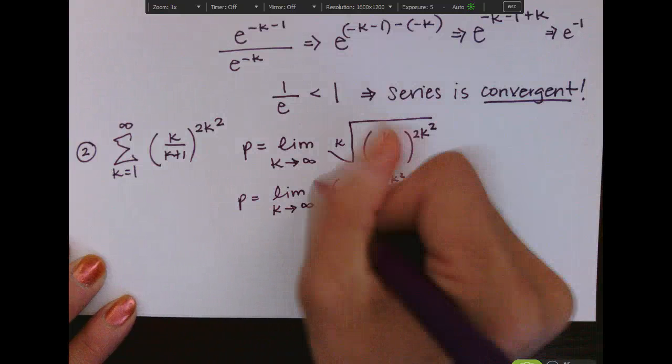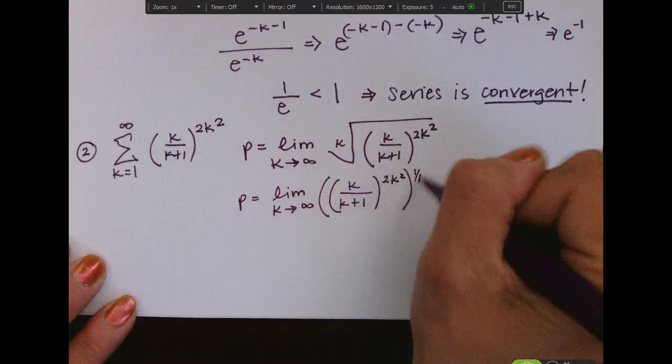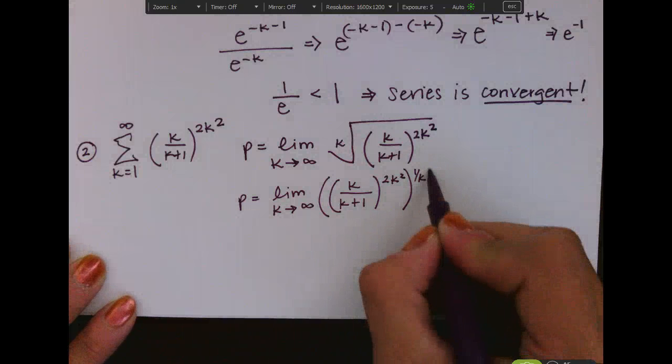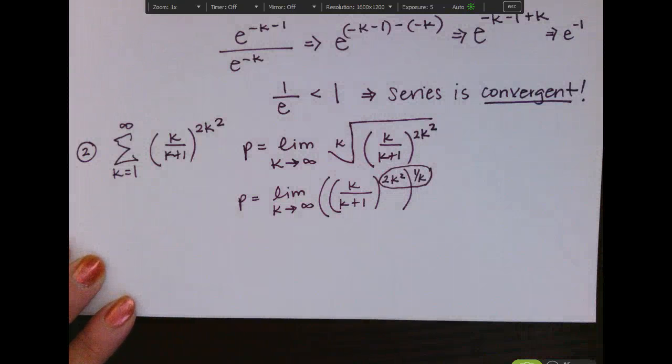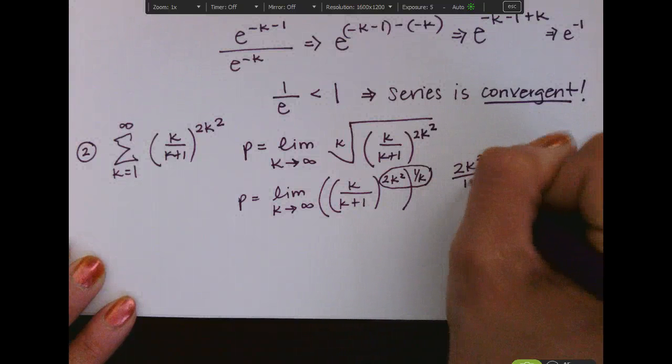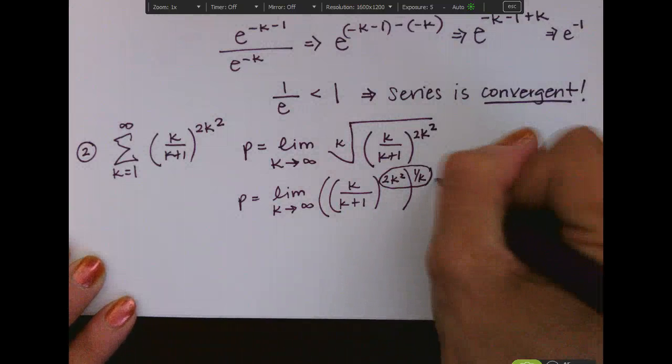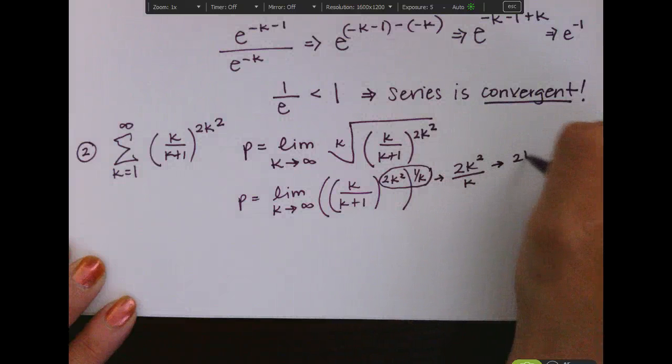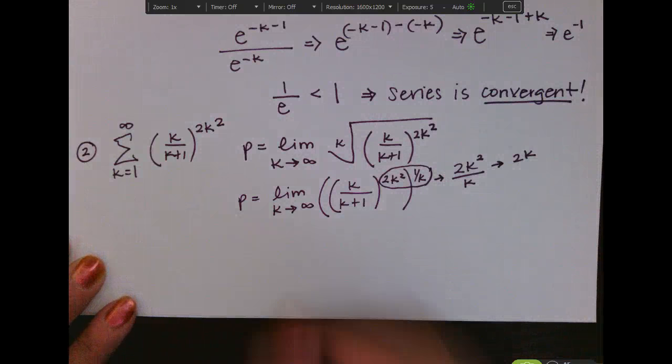So I can raise this whole thing to that 1 over k power, and when I do, my powers are multiplied. So think about what happens when you take 2k squared and multiply it by 1 over k. It's going to leave you with just a 2k.